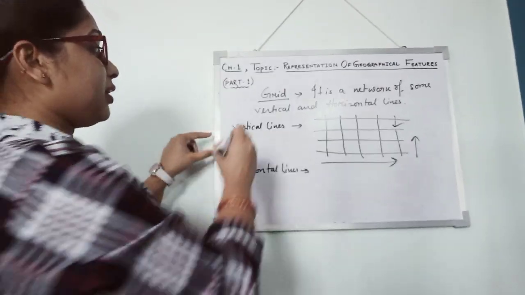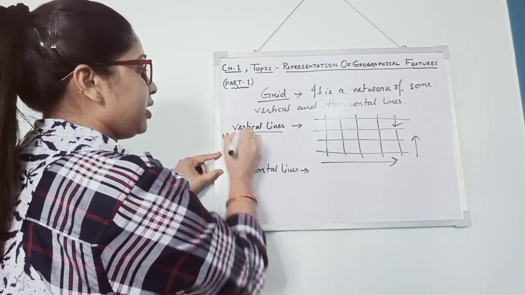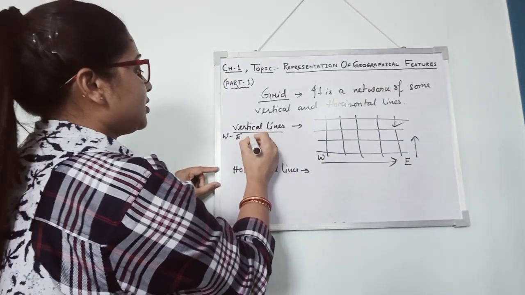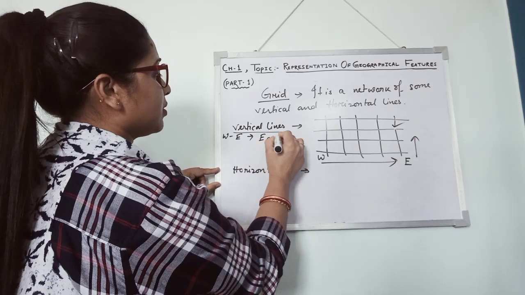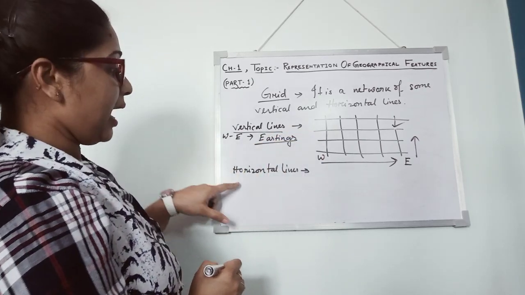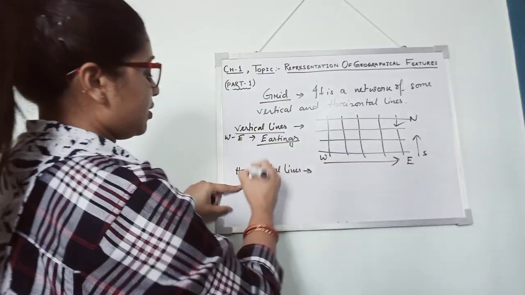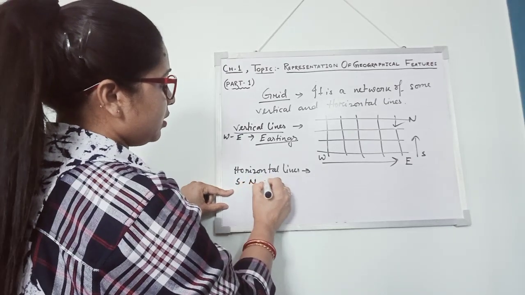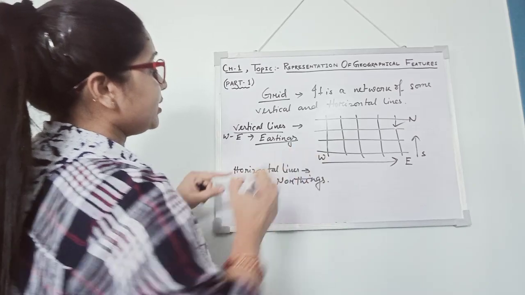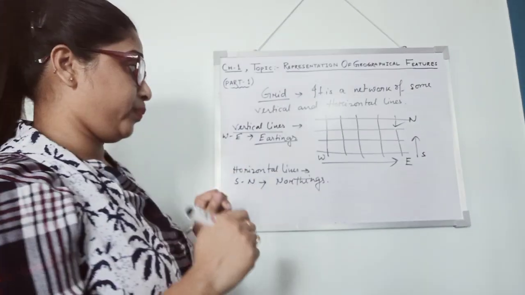Here these vertical lines, which are extending west to east, are known as eastings. Okay, and the horizontal lines which are extending south to north are known as northings. These eastings and northings have 2-digit values.